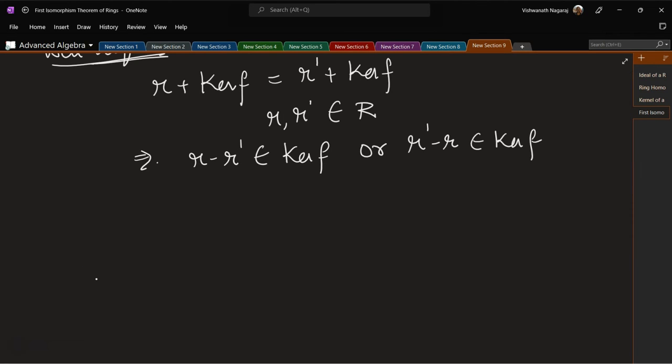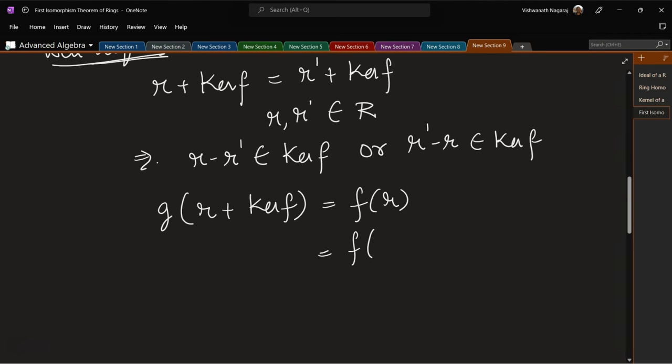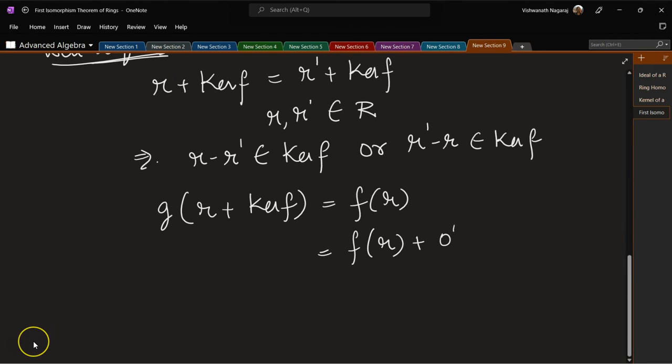Now let's apply the G function. G of R plus kernel of f is equal to f of R, which can be written as f of R plus 0 of the image of f.